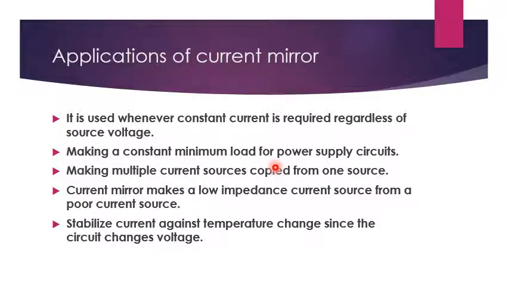Next, it makes multiple current sources copied from one source, as we have just seen. A current mirror makes a low impedance current source from a poor current source, and it stabilizes current against temperature changes, since the circuit changes voltage.